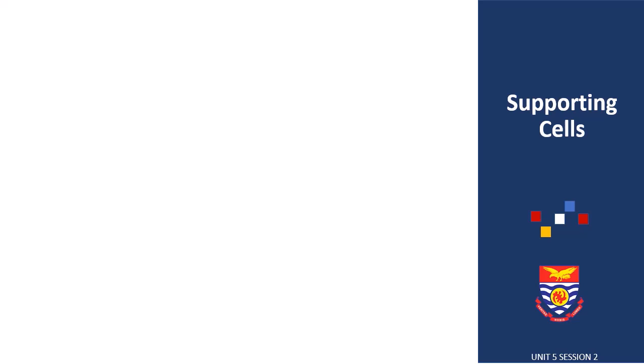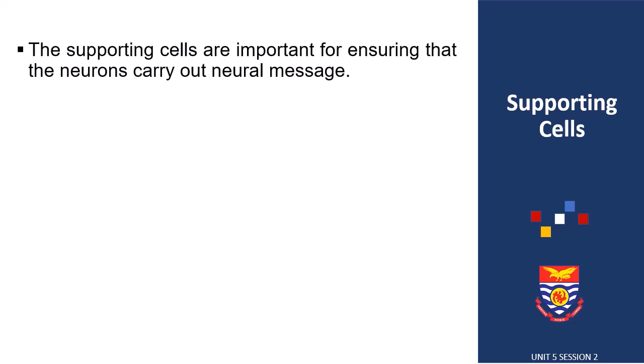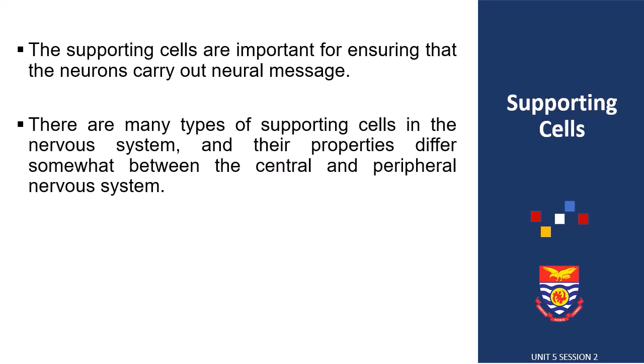Now let's have a look at these supporting cells. The supporting cells are important in ensuring that the neurons carry out their neural message. There are many types of supporting cells in the nervous system, and their properties also differ between the central and the peripheral nervous system.